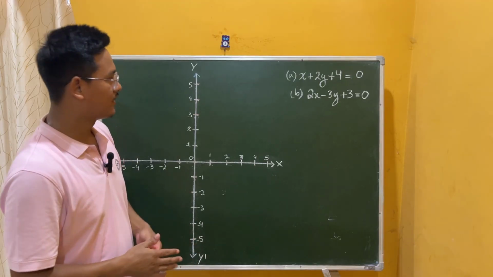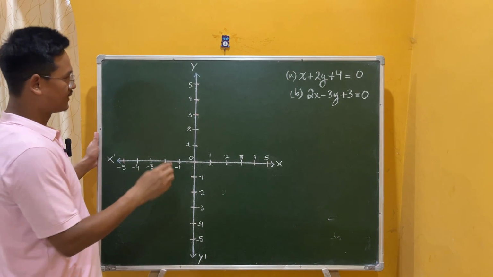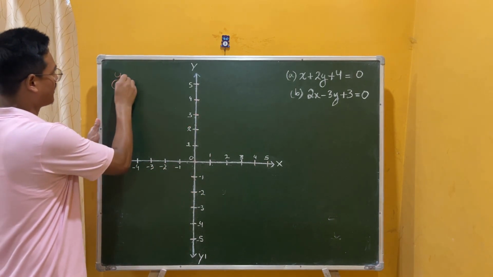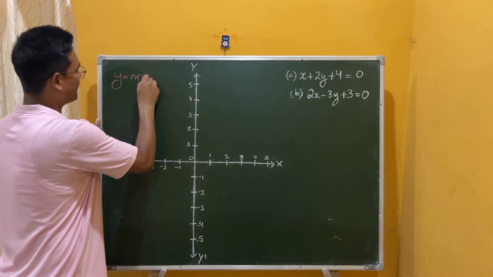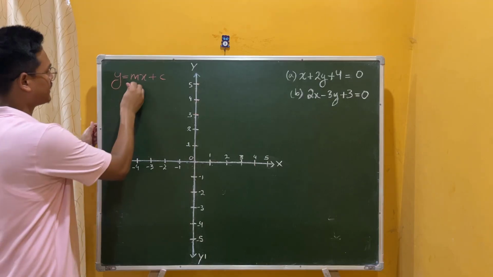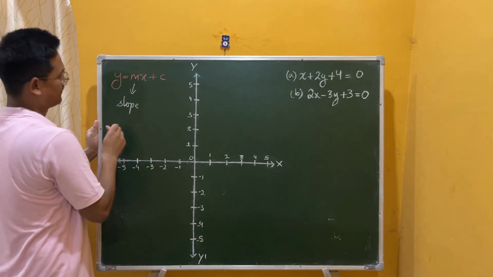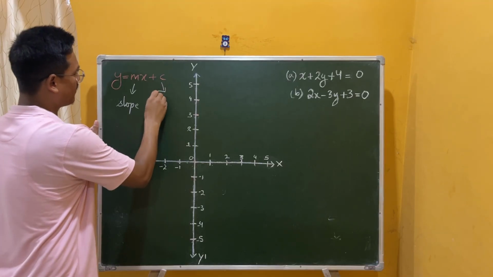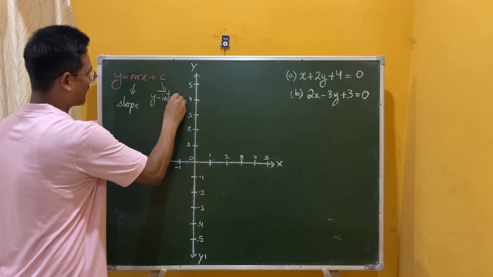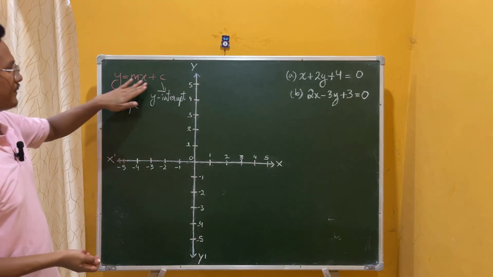To begin with, one formula remains constant for this method, and the formula is y equals mx plus c. Now this m means the slope of the line and c is called the y-intercept.